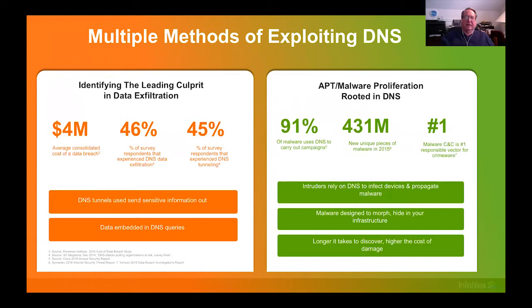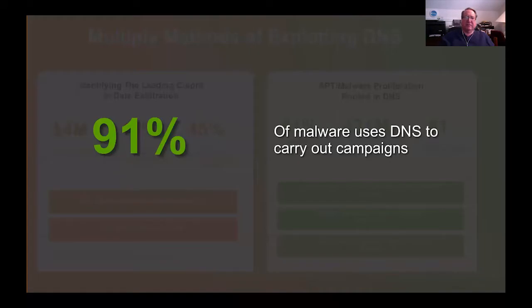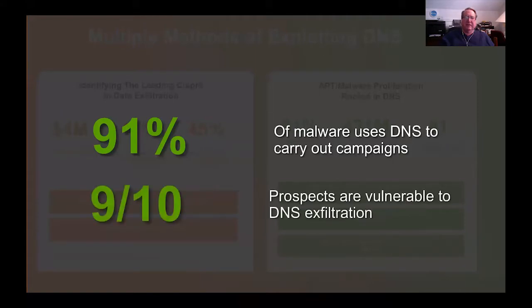So advance the slide. And what's interesting is we're seeing that 9 out of 10 customers are vulnerable to DNS exfiltration because of the fact that it's the number one vector. So using this as a sales tool, DEX, next slide.